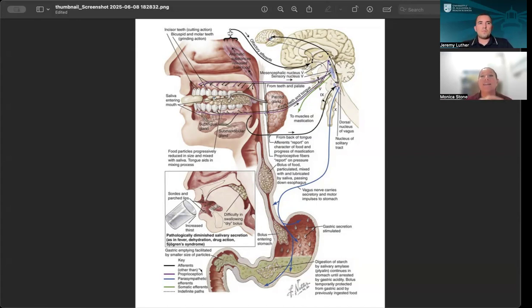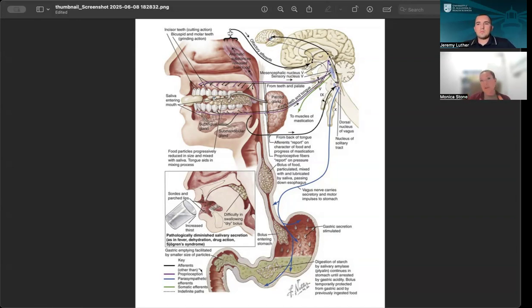That's going to send an afferent signal through cranial nerve 9, which is going to be stimulating the brain stem, this medulla oblongata area, particularly the nucleus tractus solitarius and the nucleus ambiguus, two different nuclei in the brainstem that are very crucial to sending afferent and efferent signals during the swallowing phase.